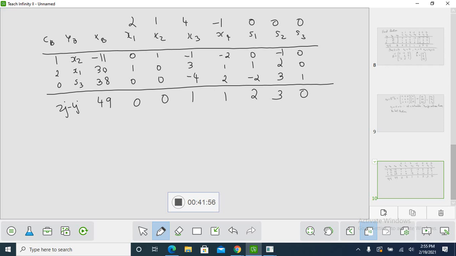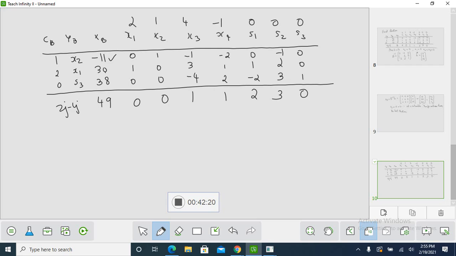Since one element is negative, I can apply the dual simplex method. Isn't it? If xb is negative, you have to apply that for an infeasible solution. I even asked one more question based on this. So take out x2. It is infeasible, and so we use the dual simplex method.